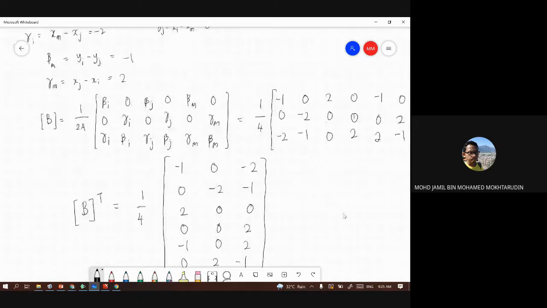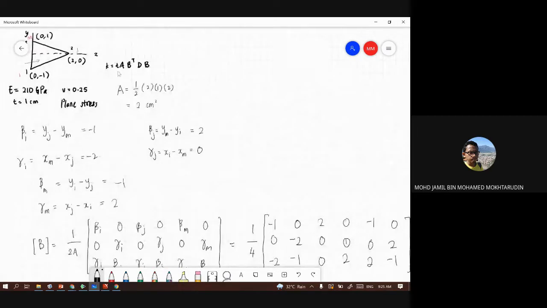Then after that, we can find our K using this formula: K equals the integral of B transpose DB.